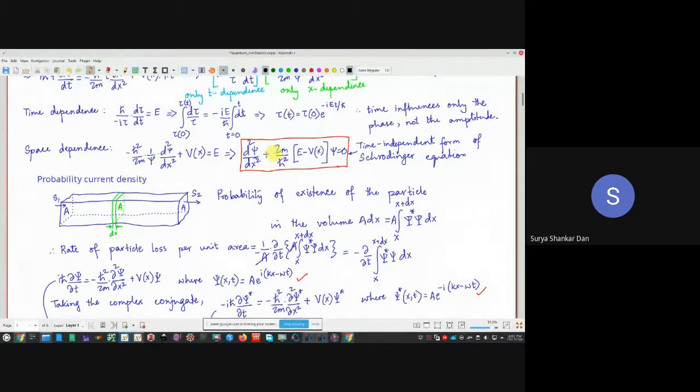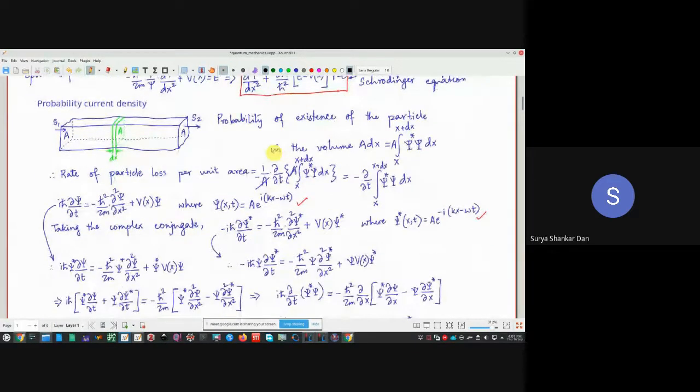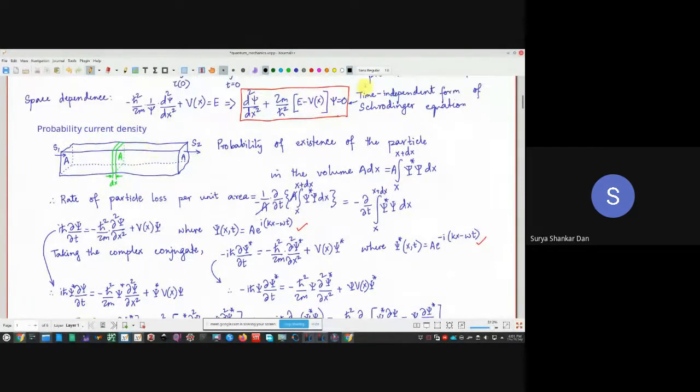Thereafter, we also studied the probability current density, which is essentially giving us that if we want to find the probability of the existence of a particle in a particular region, then we will essentially be bothered about this factor A, isn't it? Mod of A square will essentially give us the probability of finding the electron in that particular region in space.